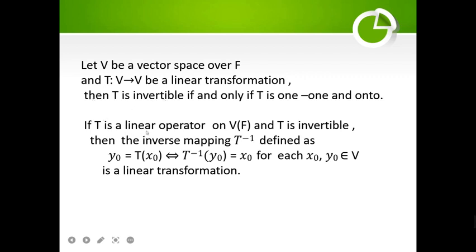If T is a linear operator on V(F) and T is invertible, then the inverse mapping, read as T inverse, defined by T inverse of y0 equal to x0 if and only if T of x0 equals y0, for each x0, y0 an element of V, is a linear transformation.